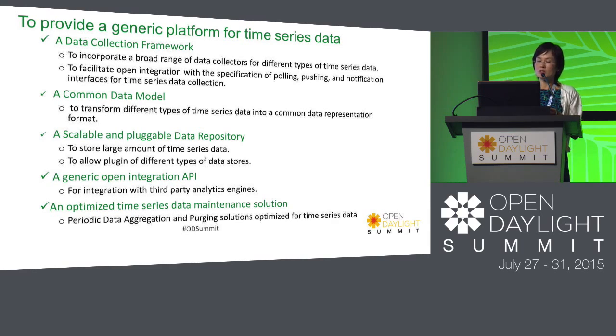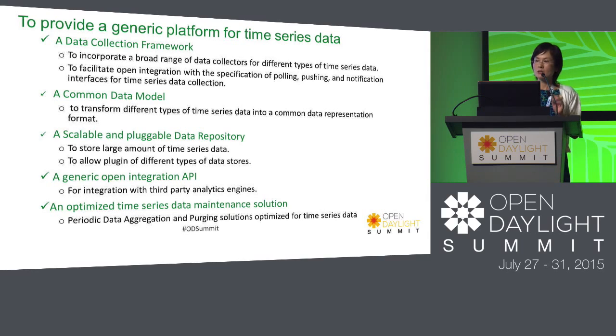So that's why we need to have a pluggable, and also what we call an elastic, kind of architecture. The idea is still the same. We create a generic SPI level, and we specify all the operations and APIs needed for time series data, and we allow different types of data stores to be plugged in.